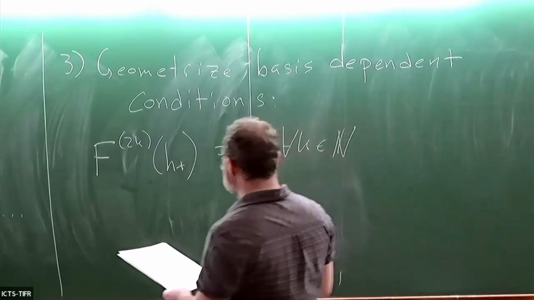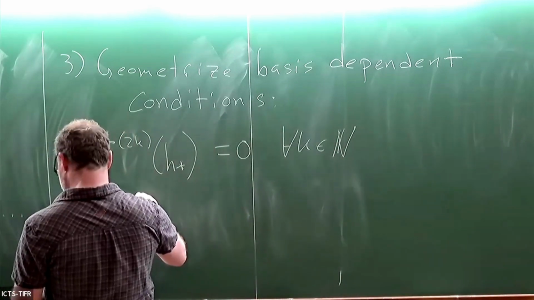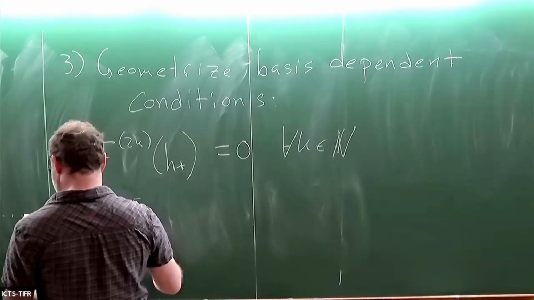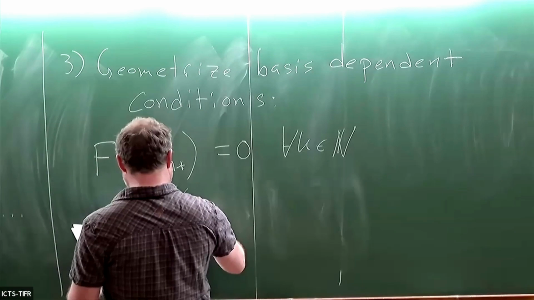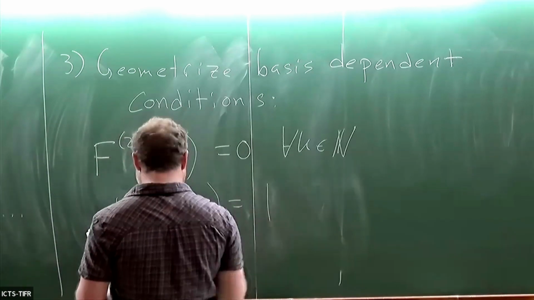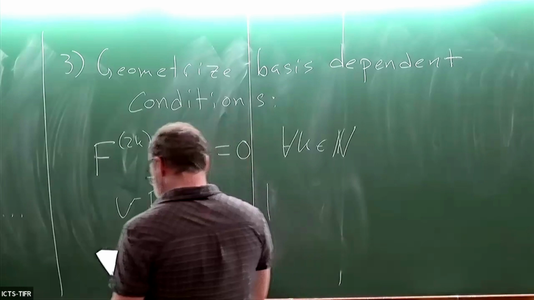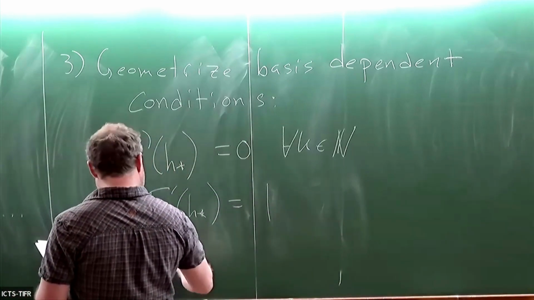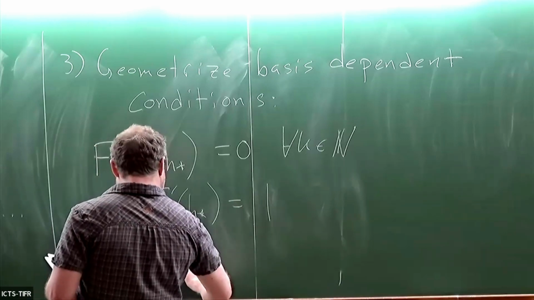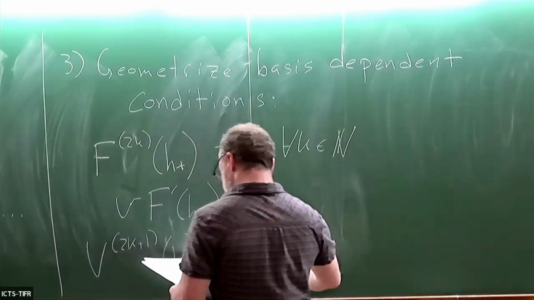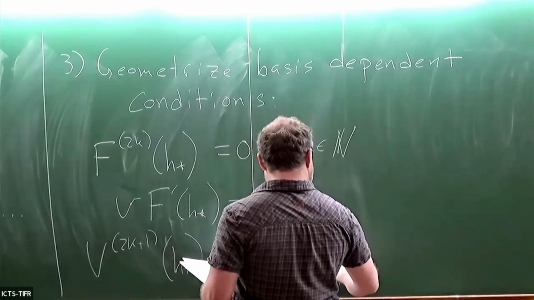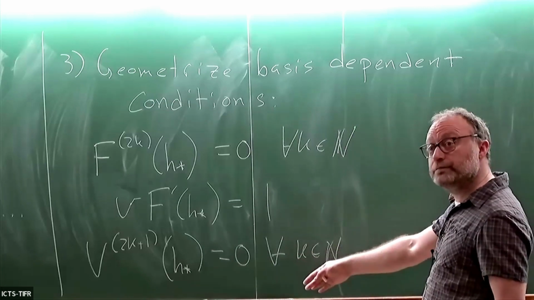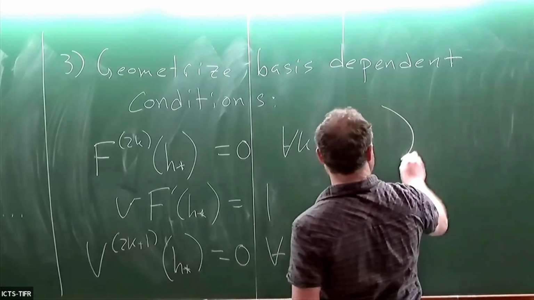We have Vf prime of h star equals 1. And we have v^(2k+1) at h star equals 0 for all k in the natural numbers. That's just saying v is even.